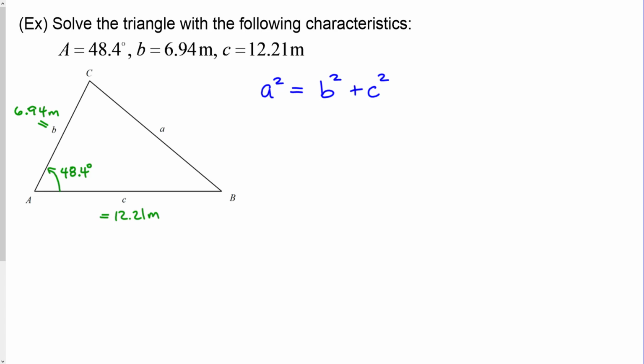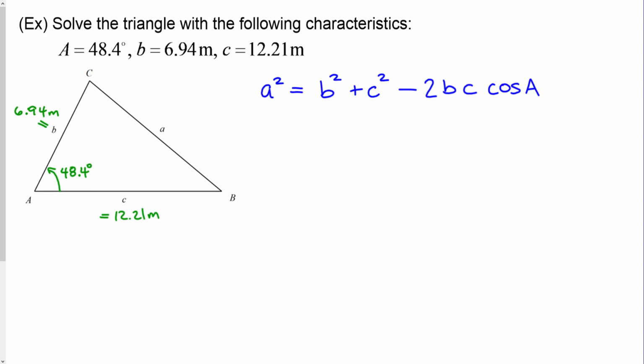And then the other 2 sides go together. Then it's minus 2 times b times c, the 2 sides that are already on this side of the equation, times the cosine of the angle in between them. So times the cosine of angle A in this case.